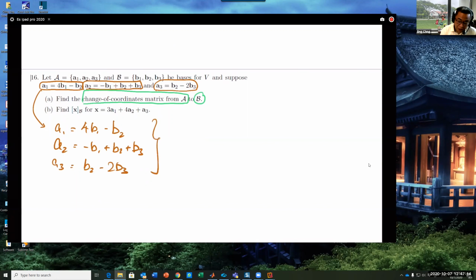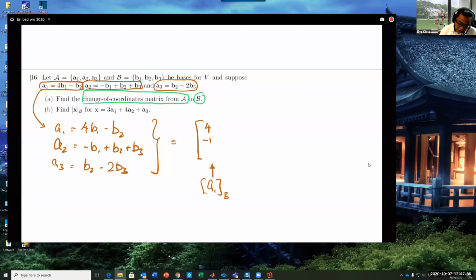Now, when you take all these, you can realize that you can compactly represent it as a matrix because you put A1 represented in the B coordinate system as a column. So you're putting number 4 here, and you're putting -1 here.